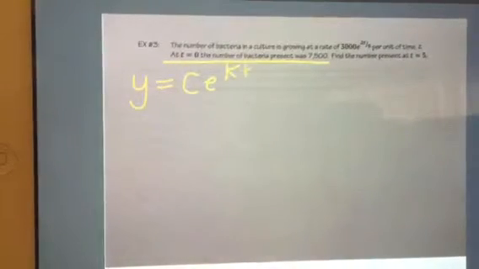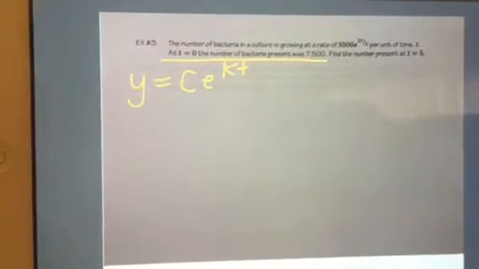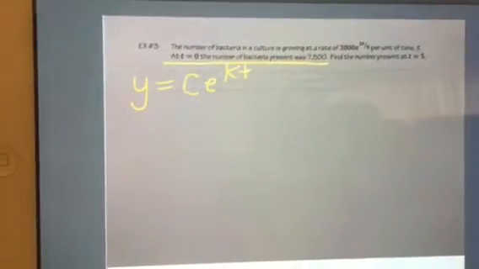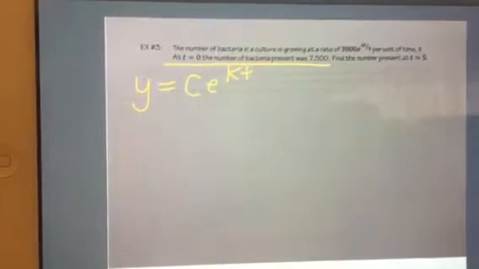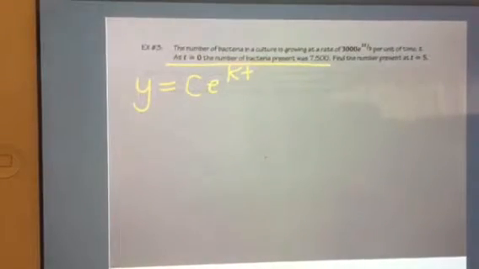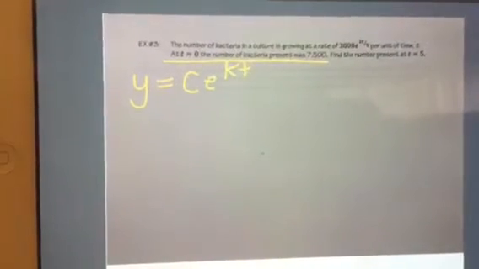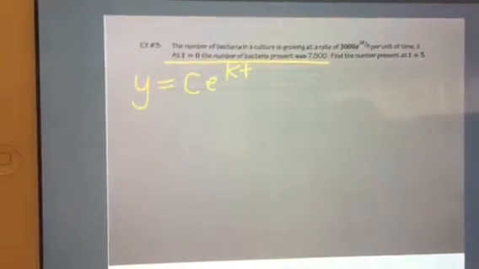So find the number present at t equal to 5. Well, given that we have a rate that's being exponential, we know that we're going to use the model y is equal to ce to the kt. We know that when time is 0, the number of bacteria was 7,500.